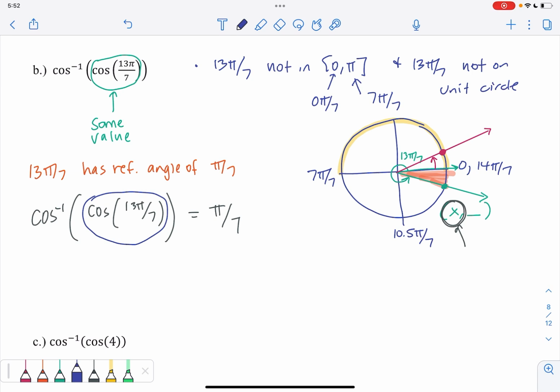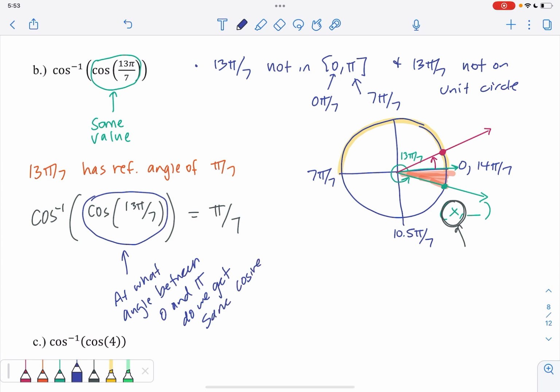at what angle between 0 and pi do we get the same cosine value? Well, we get the same cosine value where we have the same x-coordinate. So the points have to really be on top of each other.